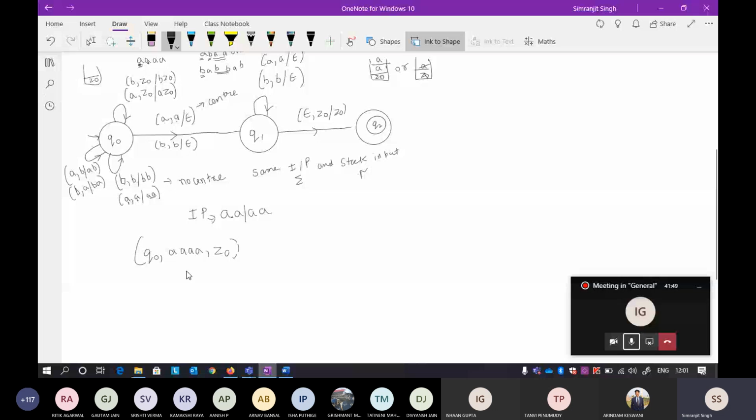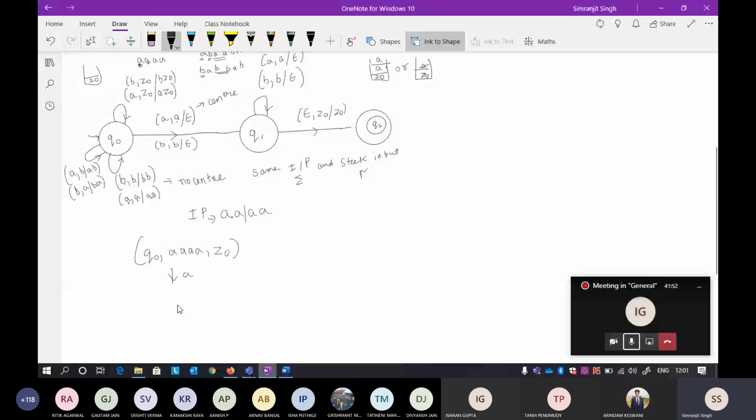Now I will consume 1 A. The remaining input is very simple, because the input is these 4 A's. I am writing it like this, but actually it means that at every step one input will be consumed.